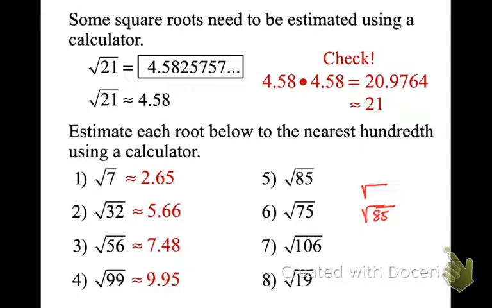Now let's check our work. It falls between 81 and 100. This is 9, this is 10. This is only 4 digits apart. And this is 15 digits. So it's definitely much closer to the 9. Is it more or less than halfway?